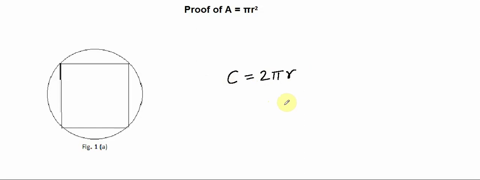So in the course of deriving A is equal to pi r square, they use something like, we know the circumference of a circle is equal to 2 pi r, and they move ahead and towards the end they prove that A is equal to pi r square.